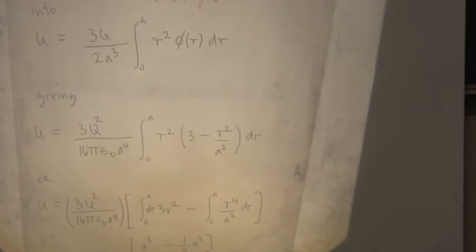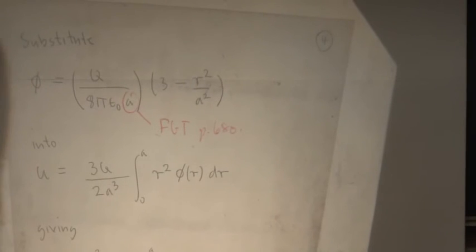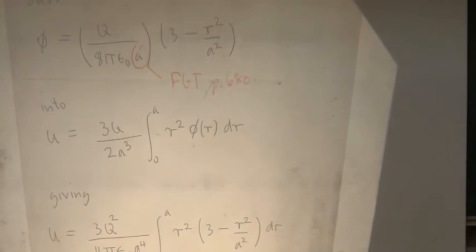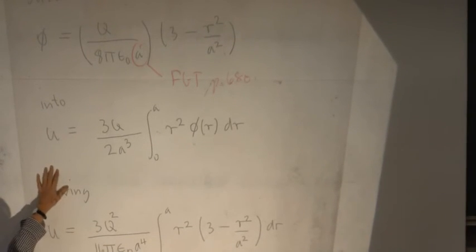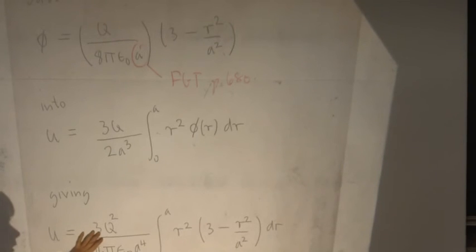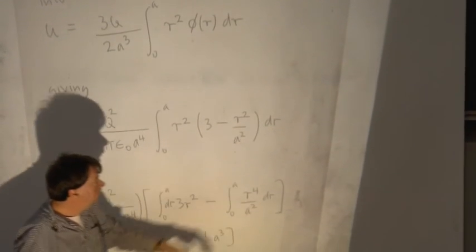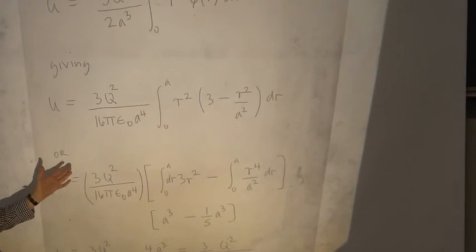So again, there's a lot of maths here. I wouldn't expect you to take notes as you go along, but you've got this expression for the potential. You substitute it into your expression for the energy, and you get your total energy as this integral. Once you've gone through the calculation, the final integrals you have to do are trivial.